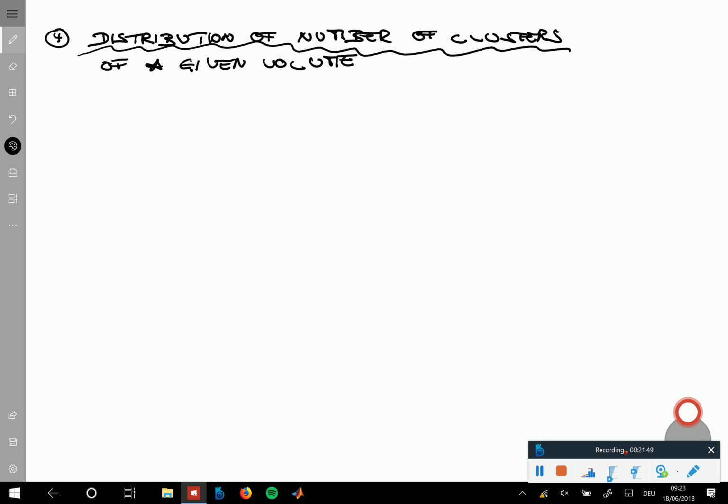This is why I spent a little time on it, and why I also presented before the maximal cluster volume. Why is this important? Because this is the basis for all the p-values in the SPM table.